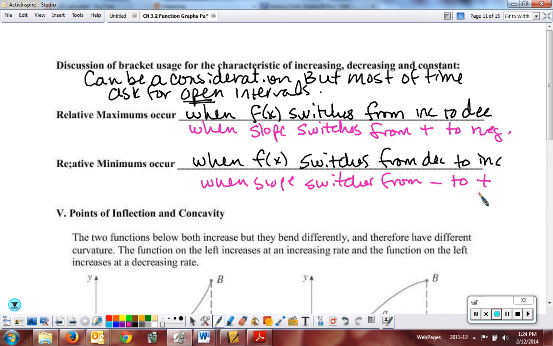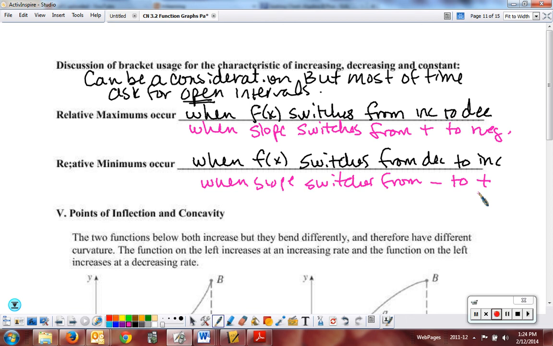Can a relative minimum occur at infinite discontinuity? I have one no. What about the rest of it? Can a relative minimum occur at a discontinuity? Sometimes. As long as what? As long as there's no domain restriction.